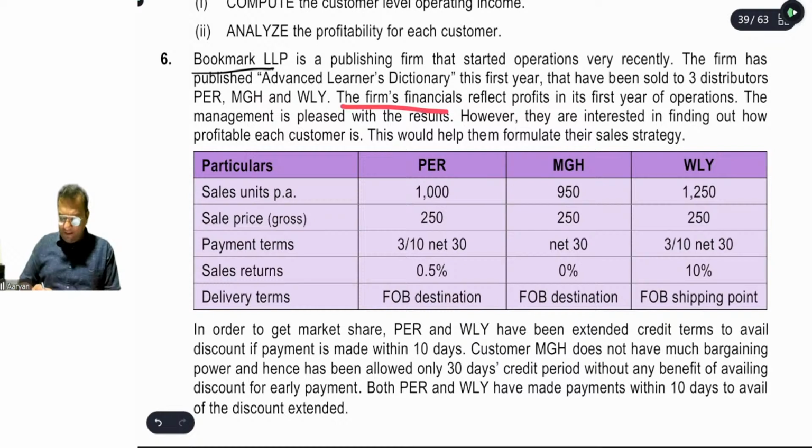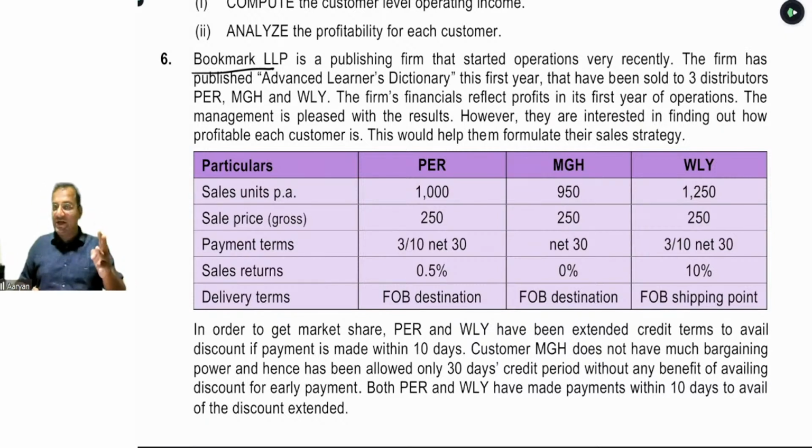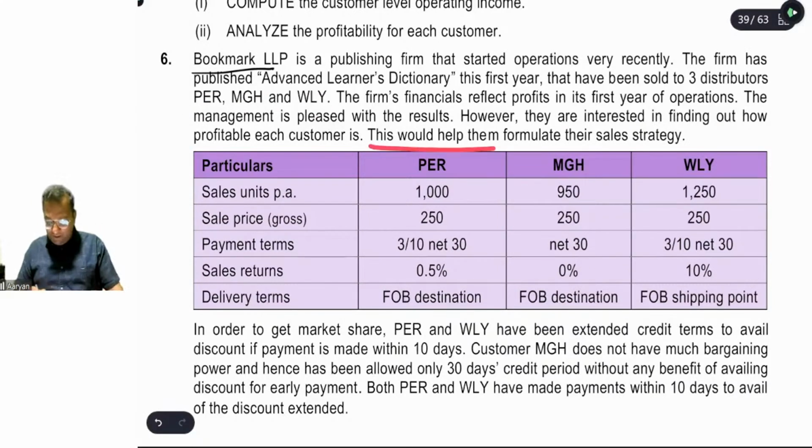The firm's financials reflect profit in the first year of operation. The management is pleased with the result. However, they are interested in finding out how profitable each customer is. There are total 3 customers, P, M and W. They would help them to formulate their sales strategy.